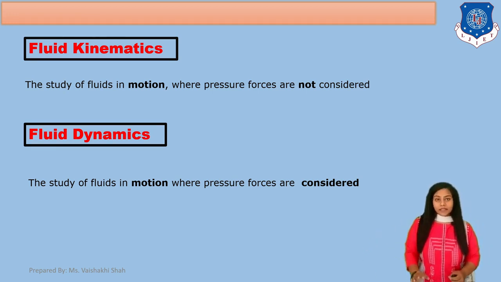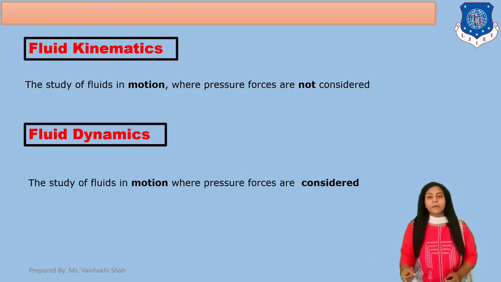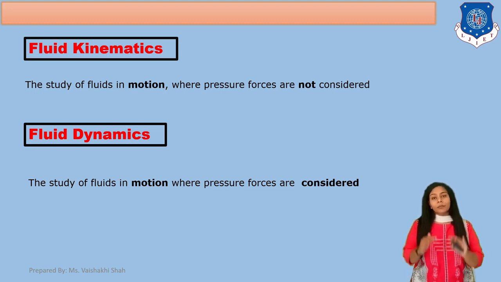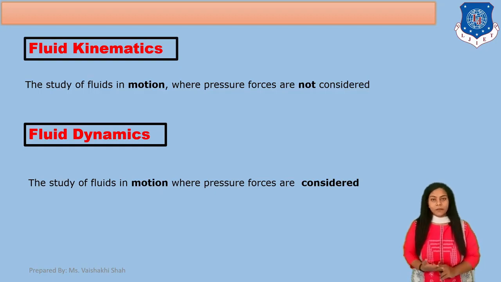Remember the difference between fluid kinematics and fluid dynamics: in both branches of fluid mechanics, the fluid is in motion, but in fluid kinematics we are not considering the forces for that motion, and in fluid dynamics we are considering forces for that motion of the fluid. Is the difference clear? So let's start our chapter.